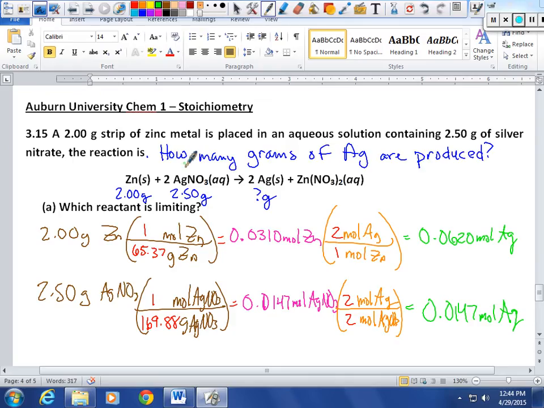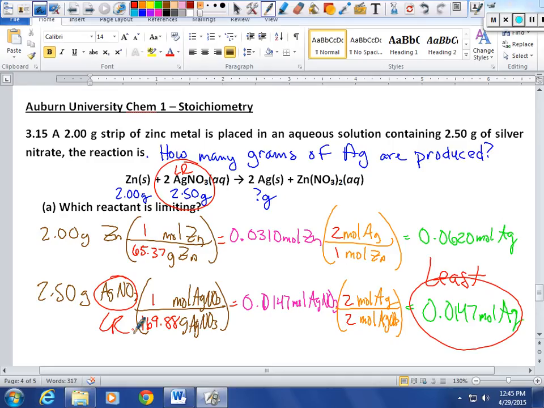So that tells me that silver nitrate is my limiting reactant. Does that make sense? Since this number is the least, this is the LR. Why can't we make 0.062 moles? Because you don't have enough of the other one, right? It's not going to allow you to make that much. All right, so that's what the limiting reactant is.